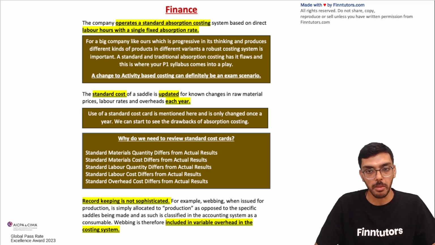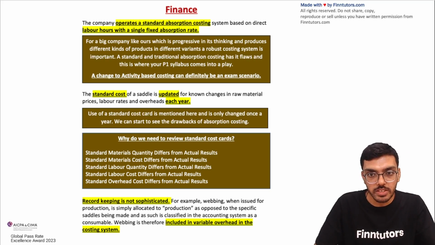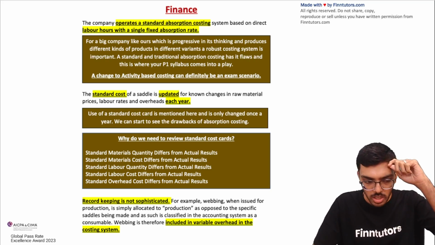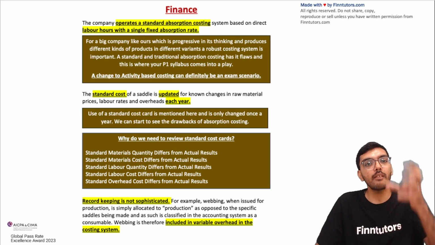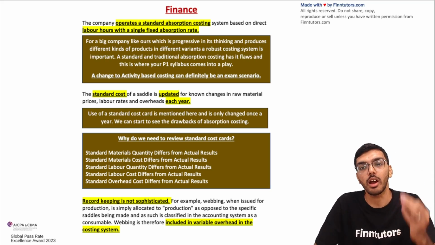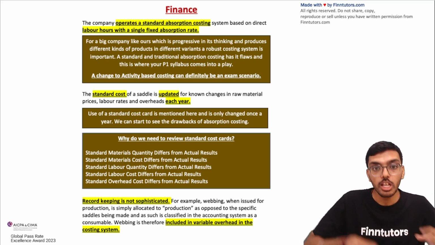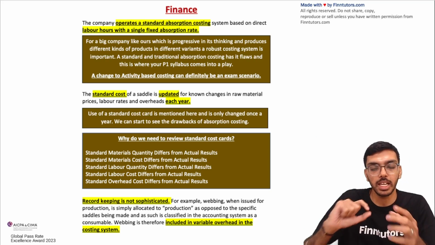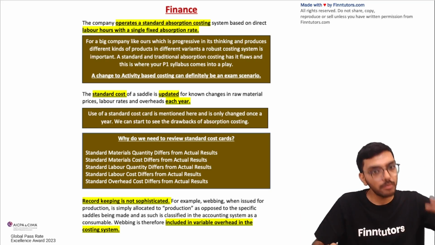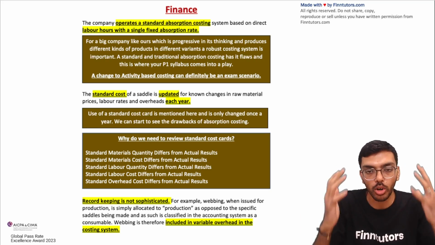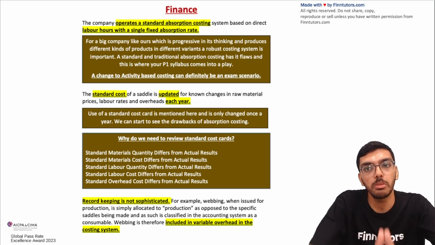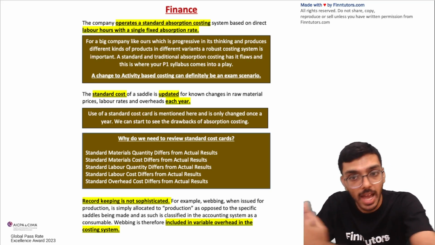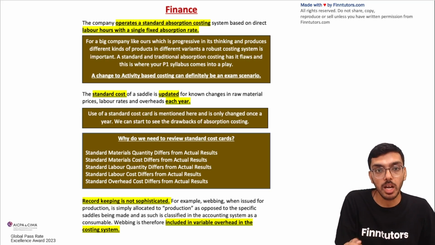There are 3 different variants in the exam. One of the variants can surely have a question based around activity-based costing. So the concept of activity-based costing, which we have explained paragraph by paragraph in our study notes, is important to keep in your mind in an image form so that you can apply it to the case study when the time comes.